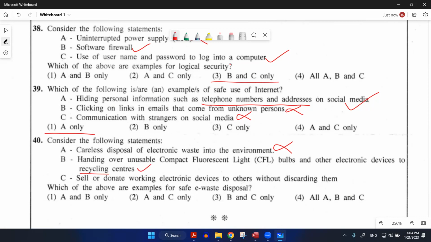Sell or donate working electronic devices to others without discarding them implies reduce and reuse as well. Selling or donation implies reduce, and when it is purchased by someone else, that means reuse. So this is correct. The correct answer is going to be B and C.